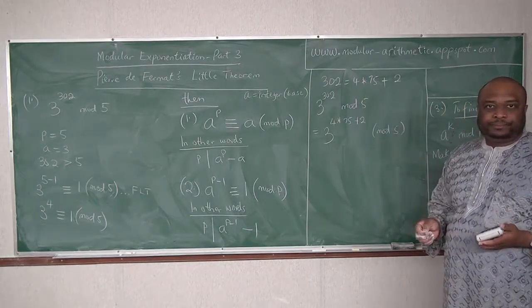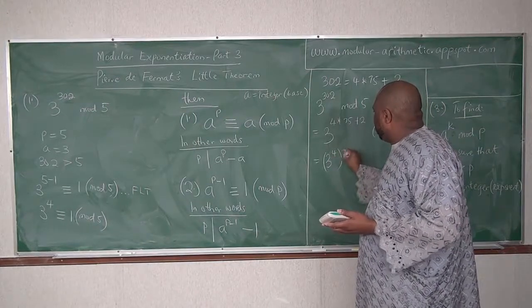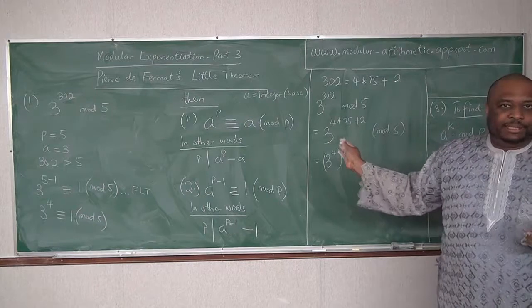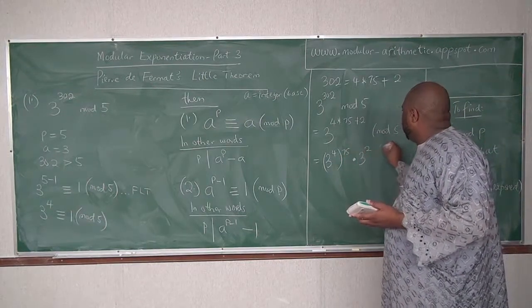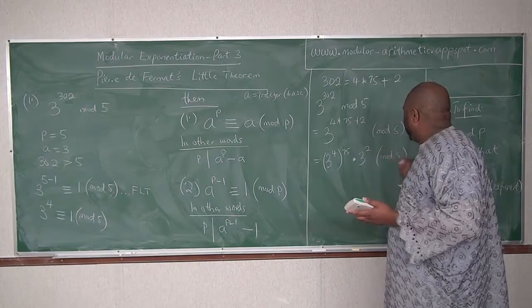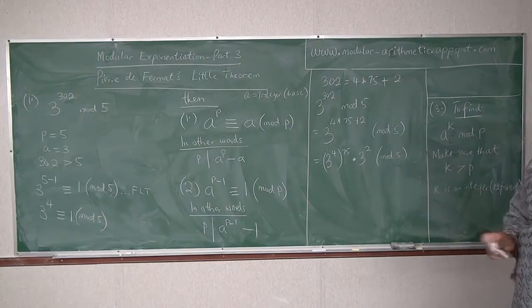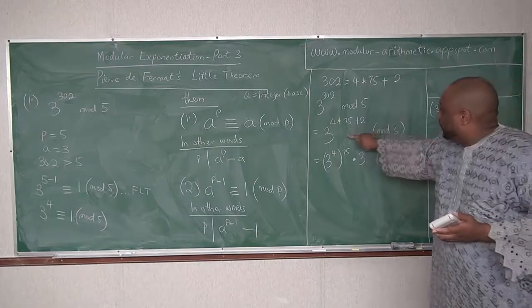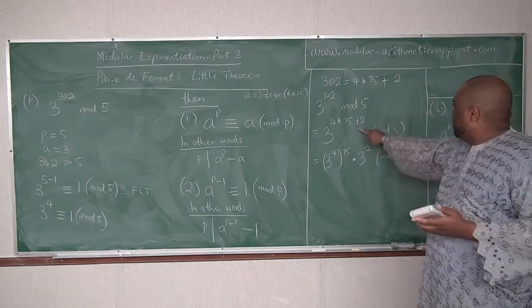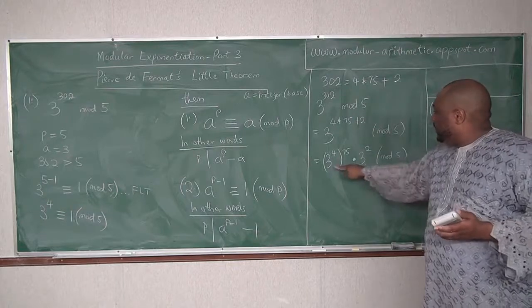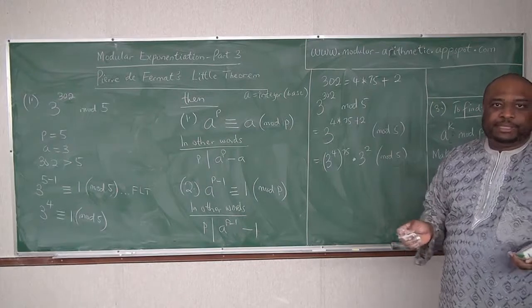So this means 3 exponent 4 times 75, times 3 exponent 2 in mod 5. That is what it means, because this is the law of exponents.